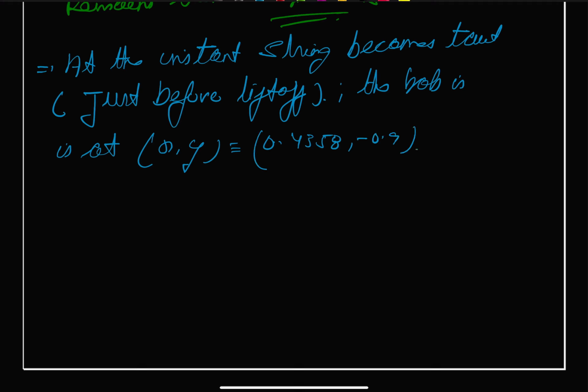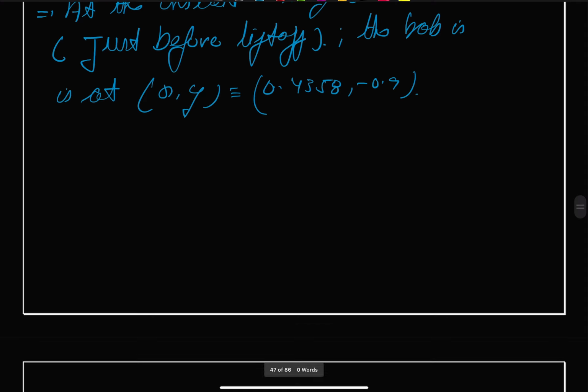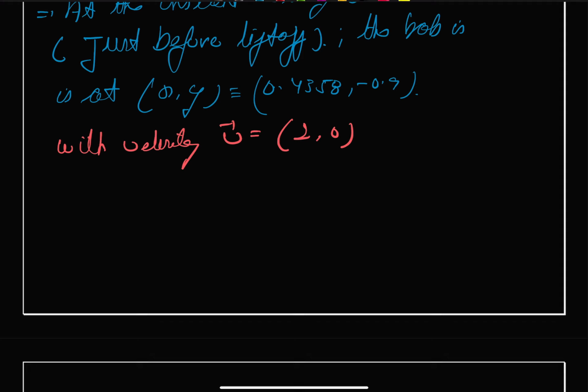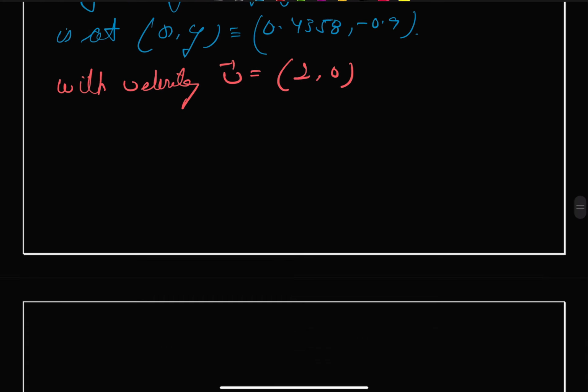Okay. And with velocity, because velocity in vertical direction is 0, so we can say velocity will be 2 comma 0. Okay. And now we have to find out the angular momentum about point O just before liftoff, and kinetic energy also just after liftoff. One is before, other one is after.